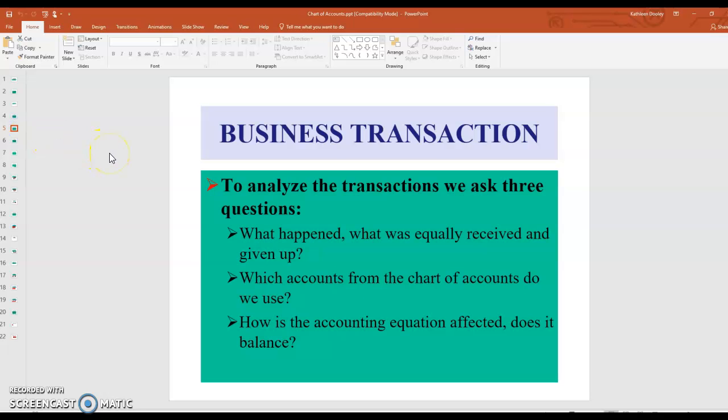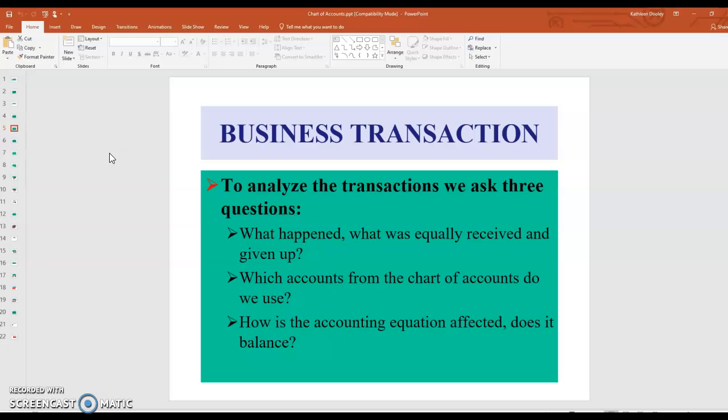To analyze a business transaction, there are 3 questions that we ask. First of all, what happened? What did we receive and what did we give up that's equal? Secondly, what accounts from the chart of accounts are we going to use?